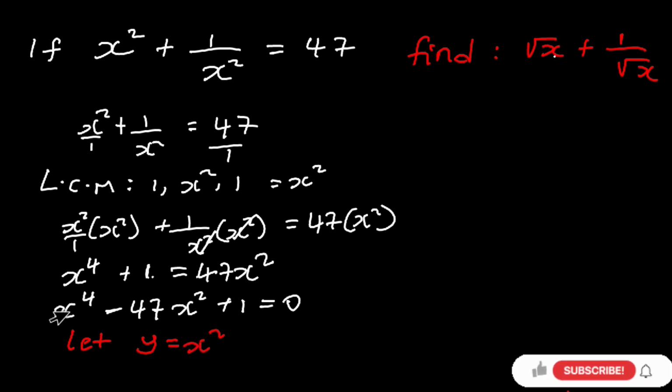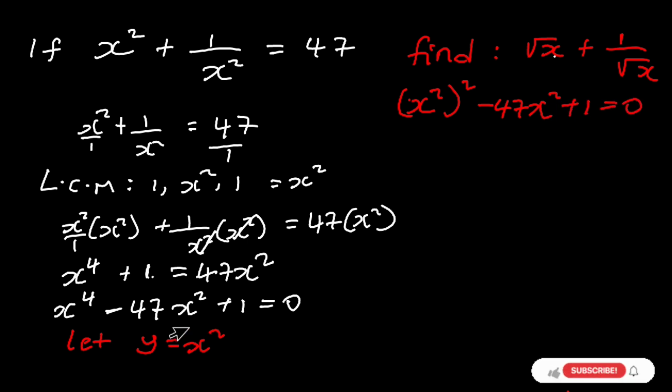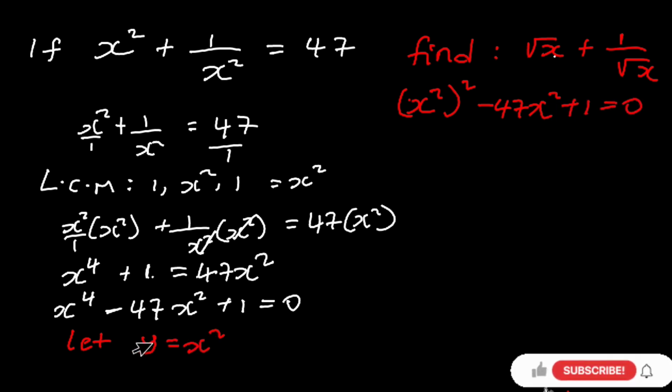So this equation can be written as x squared raised to the power 2 minus 47x squared plus 1 equal to 0. Anywhere we see x squared, we write y there. So we have y squared, which is this square here, then minus 47y, then plus 1 equal to 0.